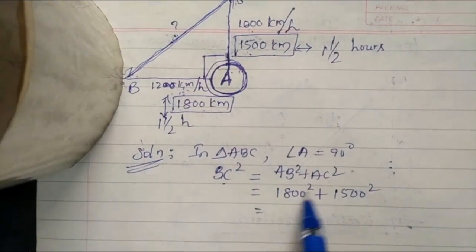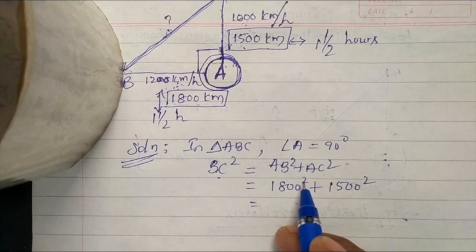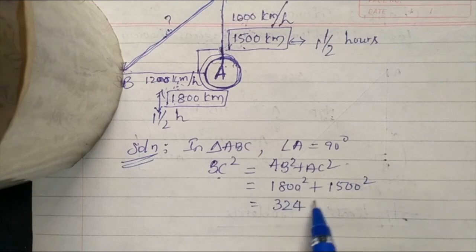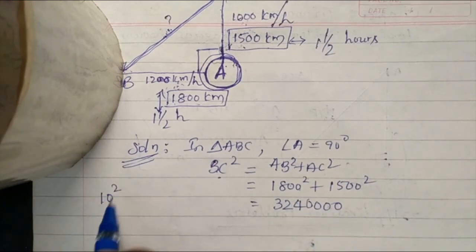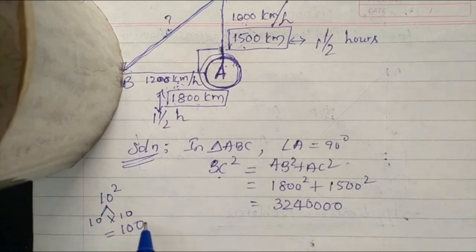Now 1800 square. Make it 18 square, which is 324. See, double zero squared becomes 4 zeros. Look here, 10 square gives 10 into 10, which is 100. Before squaring there is 1 zero, after squaring it becomes double of that.